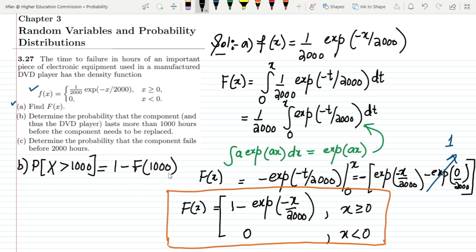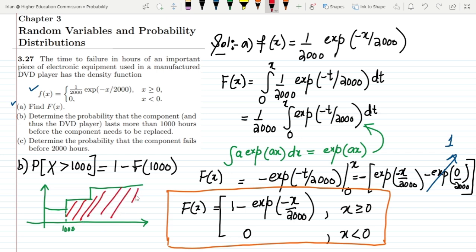I hope you have got this point. Let me also explain it here. If I have the CDF plot like this, and let me call this point 1000, and I want the values in the range beyond it, I know that ultimately it converges to 1.